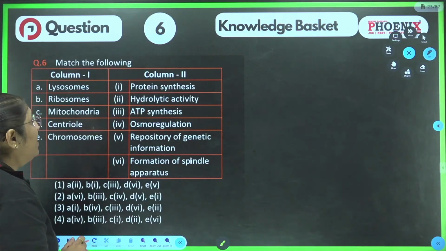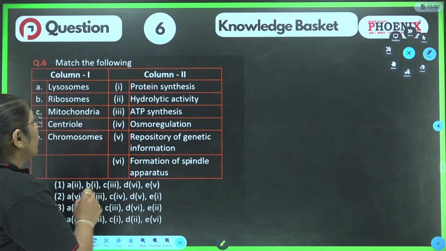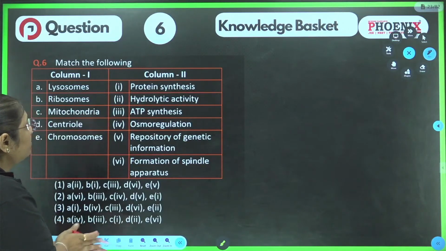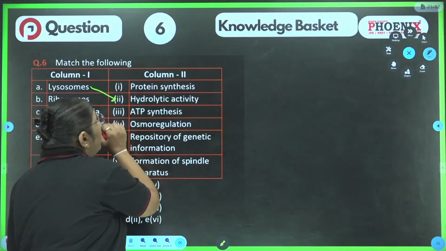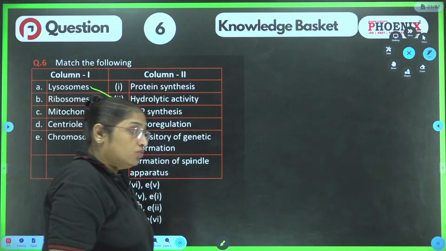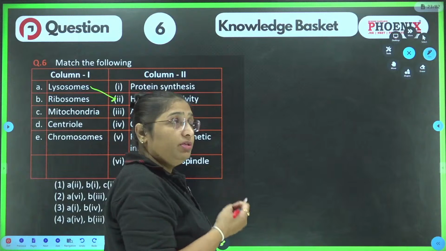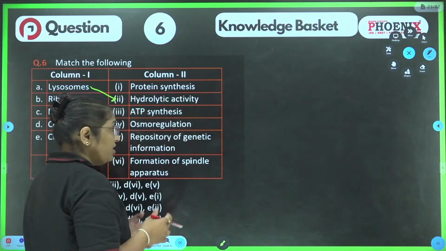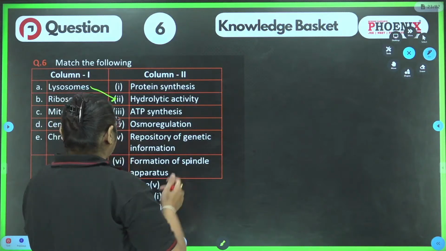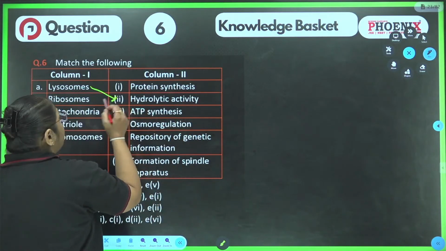Now here, match the following. Lysosomes have the hydrolytic activity. Hydrolytic activity is the bursting activity: because of the digestive enzymes, it just digests all the materials.